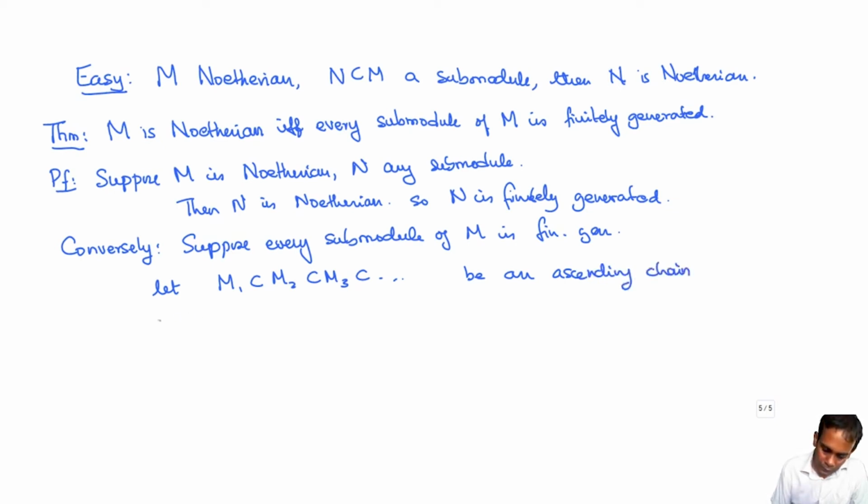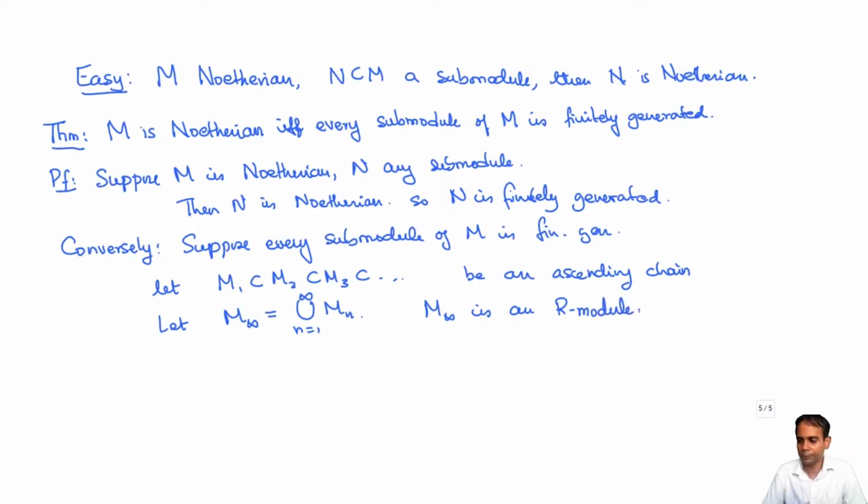Now you can define M infinity to be the union over n from 1 to infinity of Mn, and it's not difficult to show that M infinity is an R module. All this is happening inside M, right? It's the union inside M of M1, M2, and these are submodules of M. So M infinity is a submodule of M.